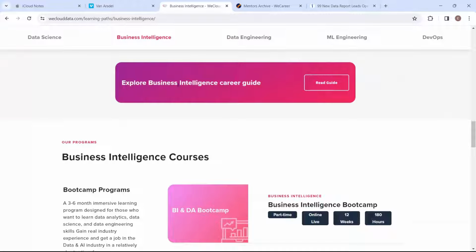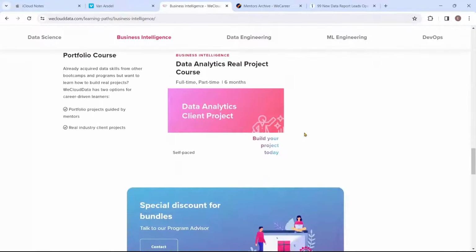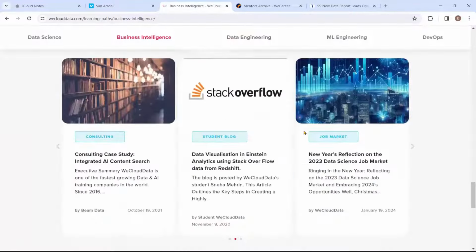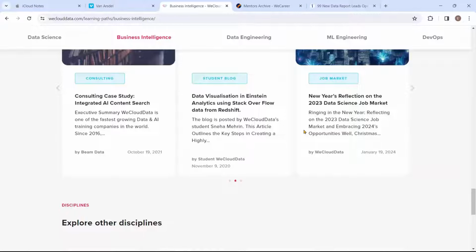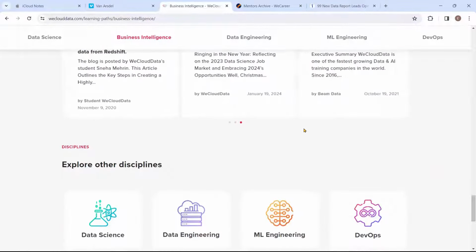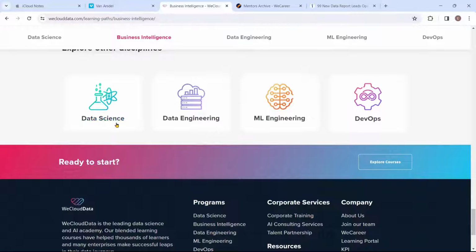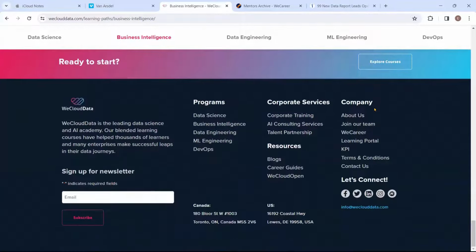And you can download the career guide. I authored the career guide, and that will help you to decide if this career path is for you. Otherwise, you could always go on different paths: data science, data engineering, machine learning engineering, and DevOps, right?